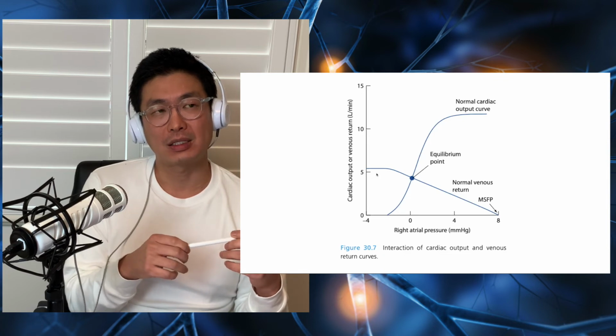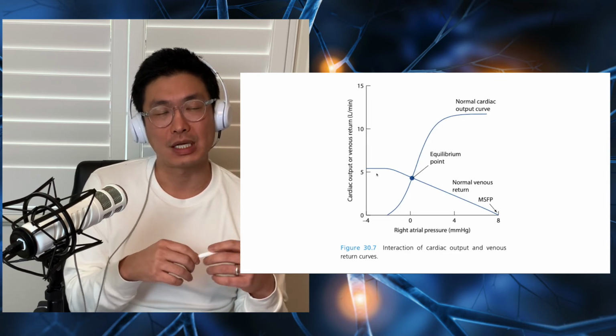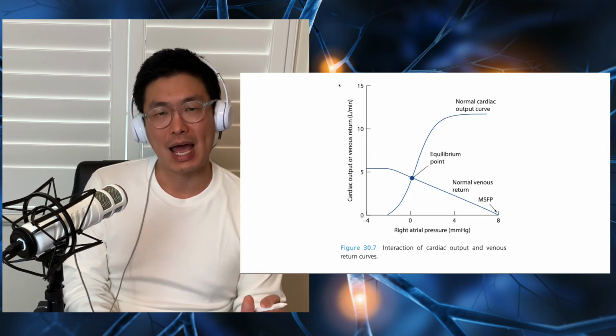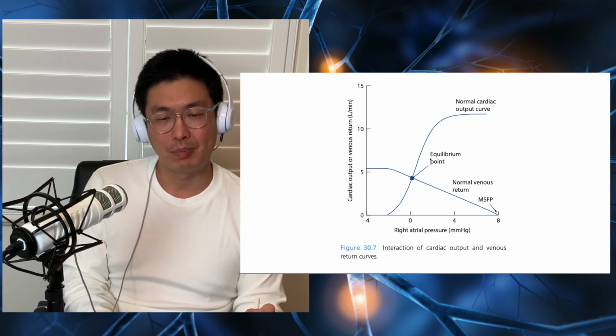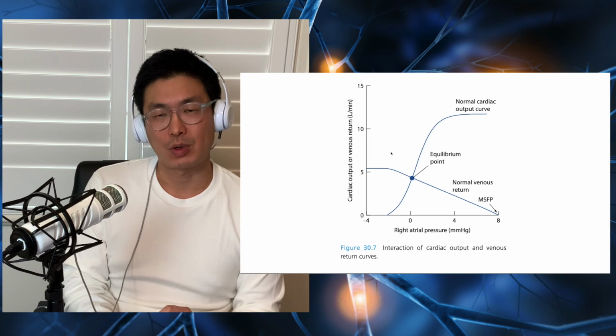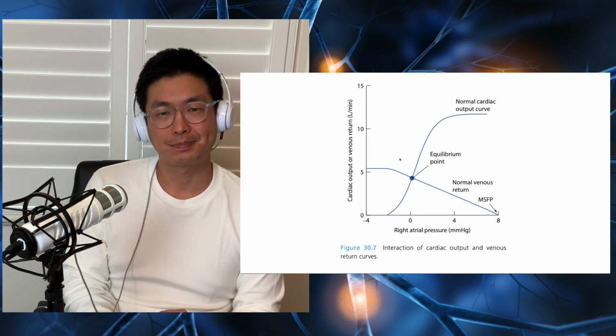And I suspect that what I'll do is I'll draw them together, but I'll label it as cardiac output or venous return, and then I'll have a couple of points in terms of the movement from A to B to C. I think that's what I'll do. Okay.